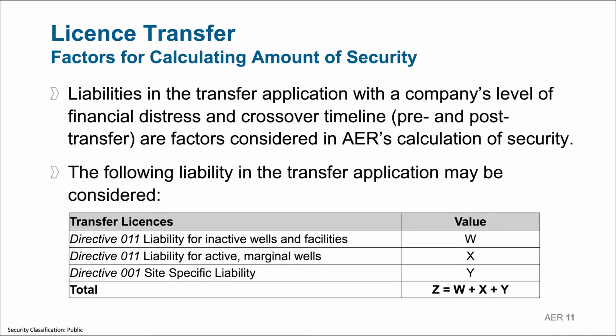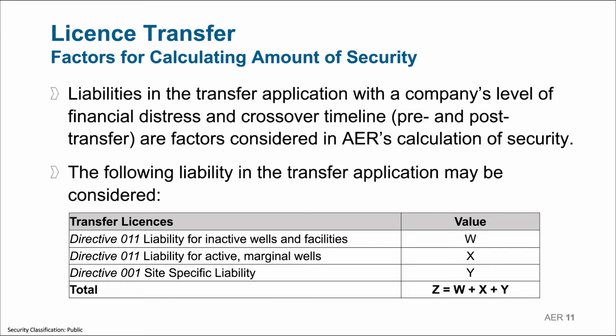Considerations include the liability of the licenses being transferred, a company's financial health, and the crossover timeline parameters in the LCA. More detail on how the company's financial distress and the crossover timeline fit into the security calculation model will be outlined in the slides ahead.